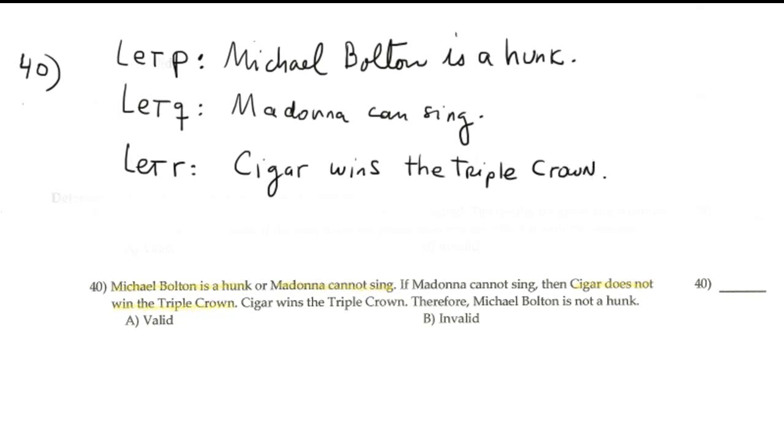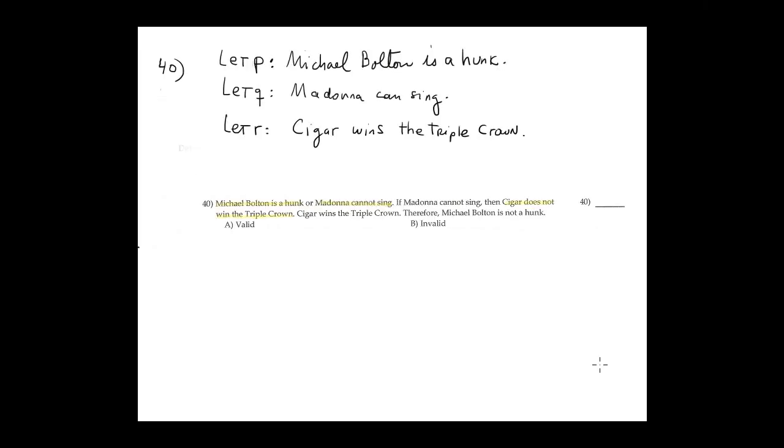Okay, we have our three statements. Now the next part is to express them in symbolic language. The first statement is a combination using the conjunction or.